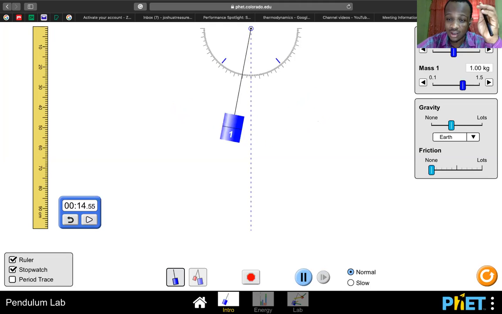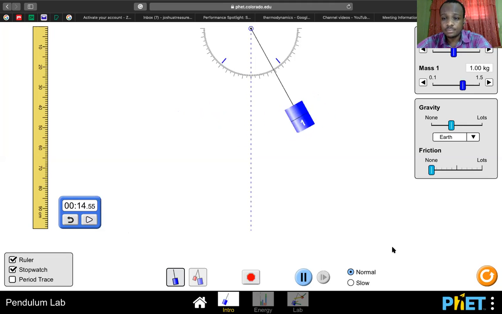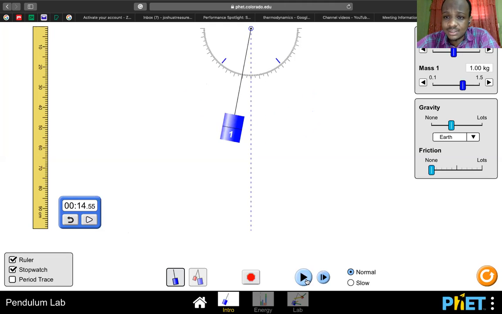So you have a little 0.4 seconds difference. Now we'll try and change the mass of the bob and see what happens. So when you increase the amplitude, the amount of time it takes will also increase. We'll do this again for next week's class.